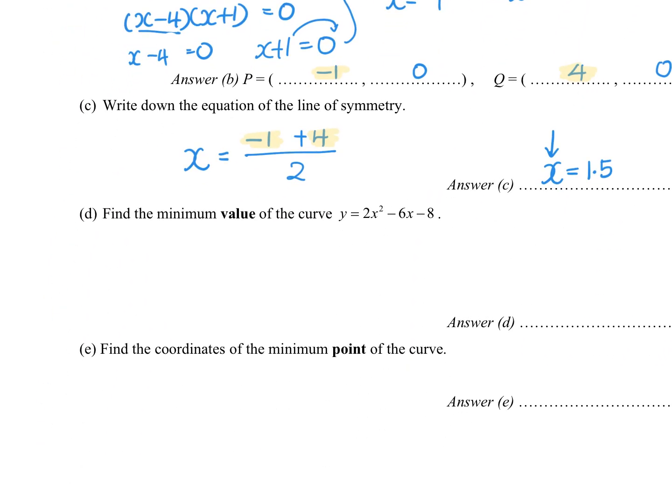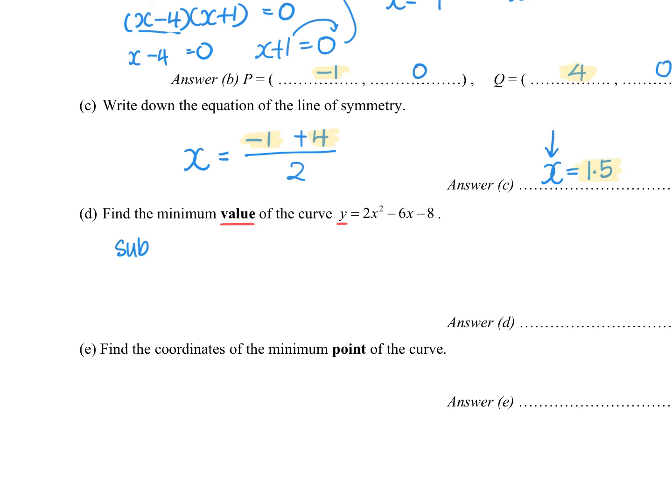To find the minimum, this question here asks for the minimum value of the curve. So they only want the y value for that curve, the minimum y value. And this happens when x is equal to the line of symmetry, the value 1.5.